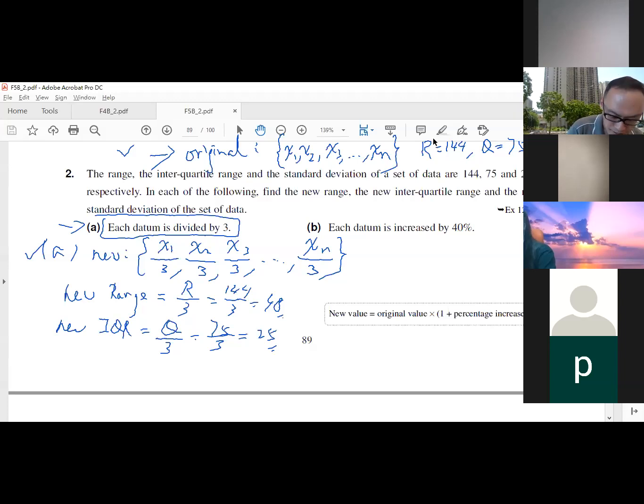And then the new standard deviation, SD, is equal to the original SD, that is the sigma, divided by 3. And the original sigma is equal to 26.1, and dividing by 3 is equal to 8.7. Yes. Am I correct?